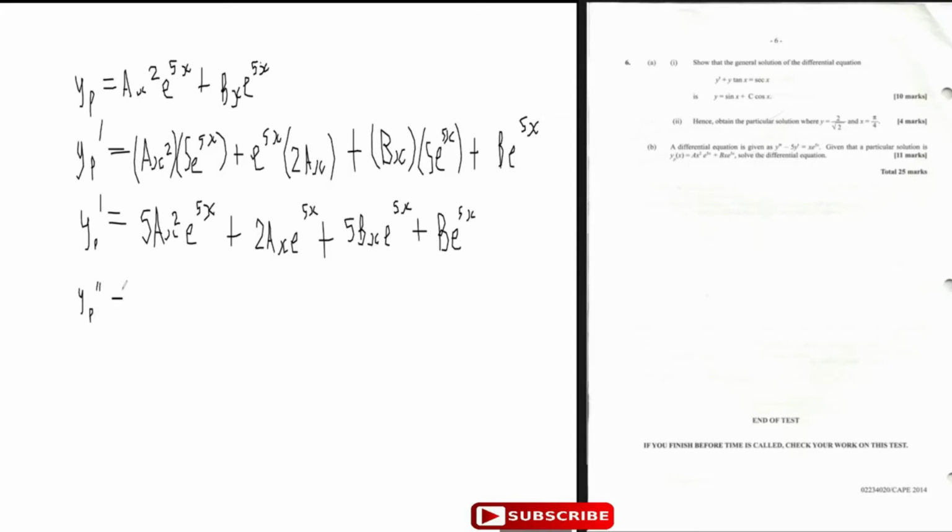We differentiate using the product rule again. We keep the first, 5ax squared, times the derivative of the second, 5e to the 5x, plus we keep the second, e to the 5x, times the derivative of the first, which is 10ax.